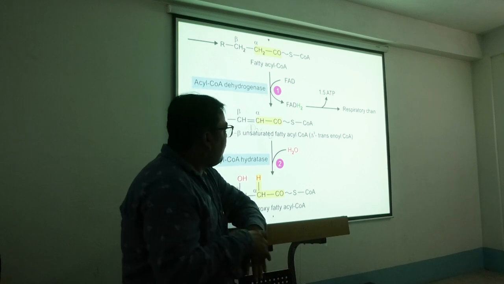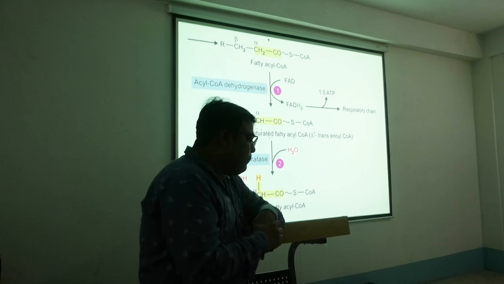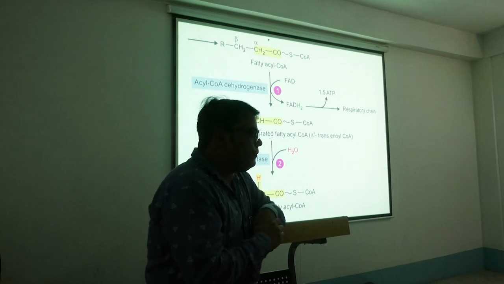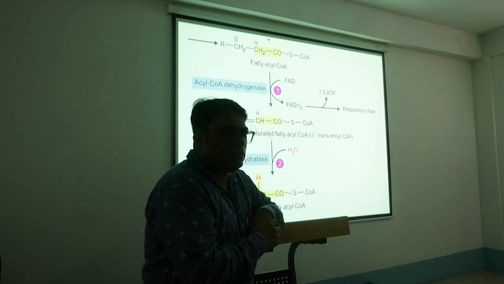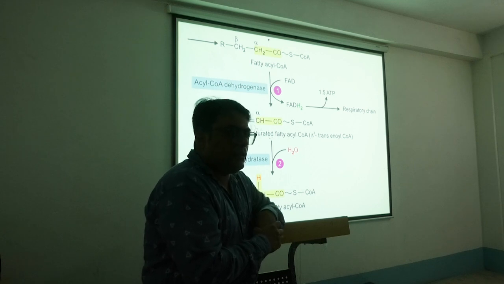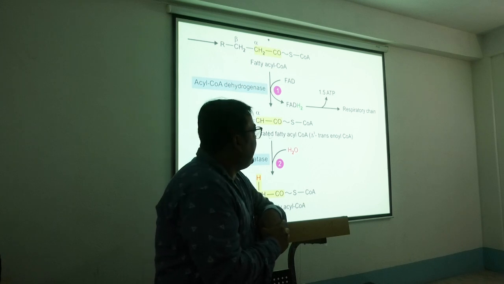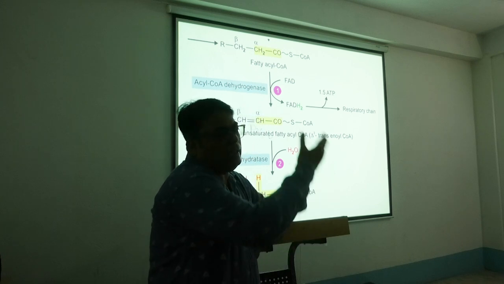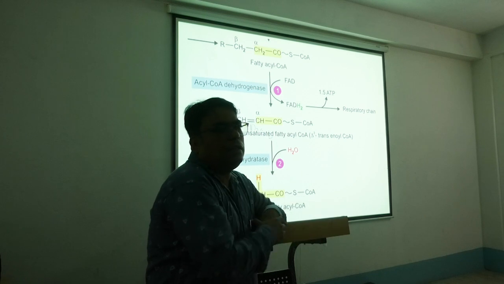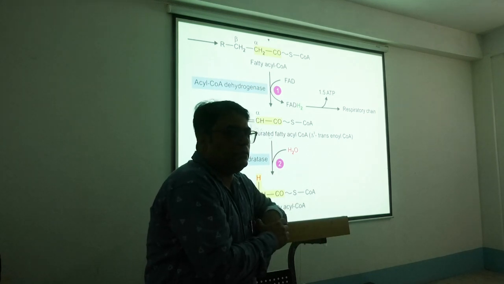Okay? Where can the FADH2 proceed to other metabolic pathways? Krebs cycle. Respiratory chain metabolism. Respiratory chain metabolism means what? Electron transport chain.